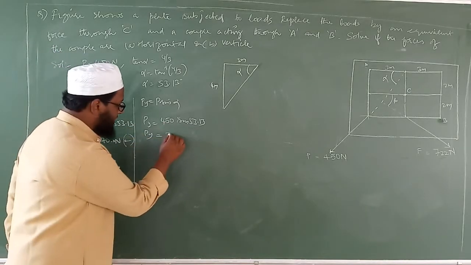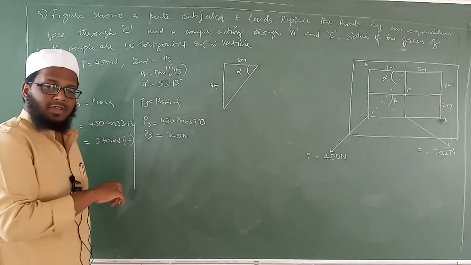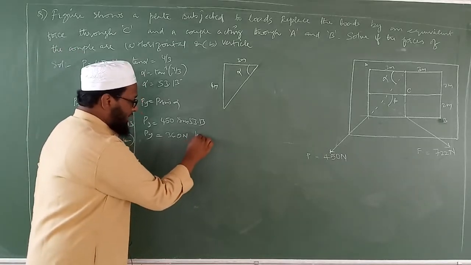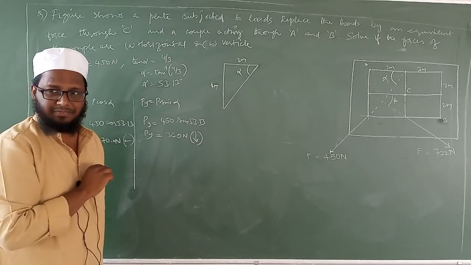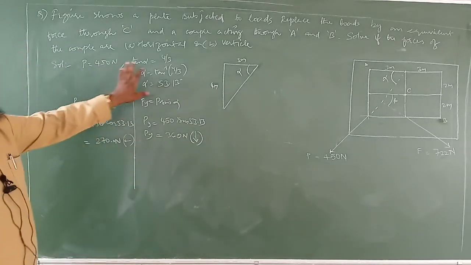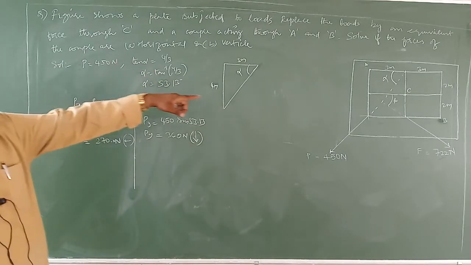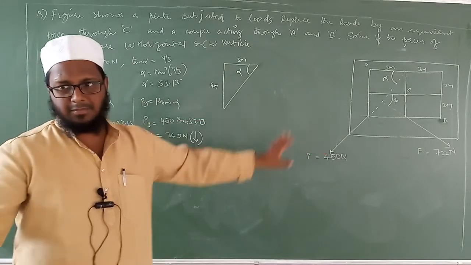Yes, we can take 360 newtons. And again it is going in the third quadrant. Since the force is going in the negative y direction, I will write here like this. So Px and Py we have calculated. Now we'll go for the calculation of Fx and Fy.